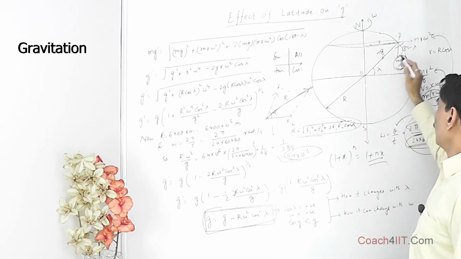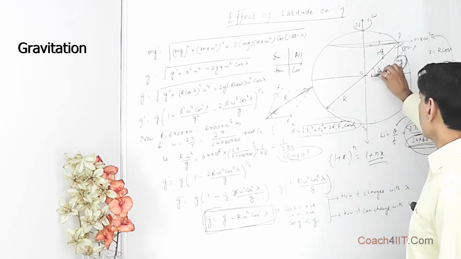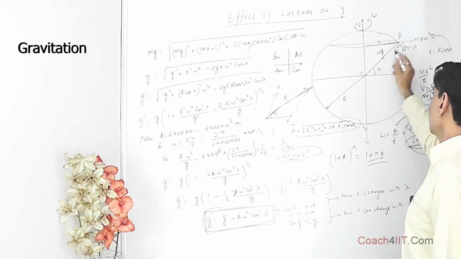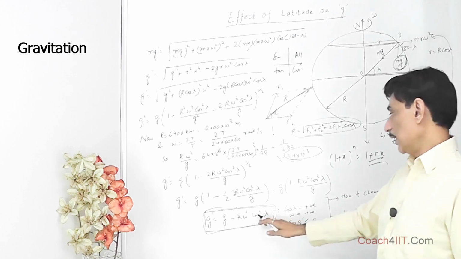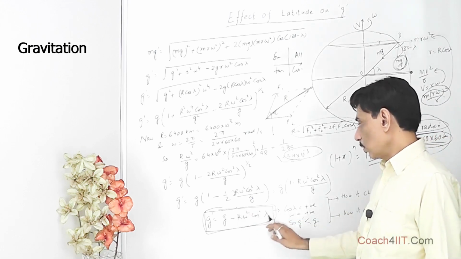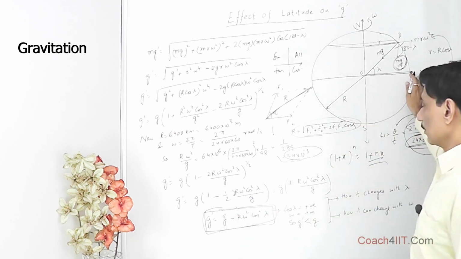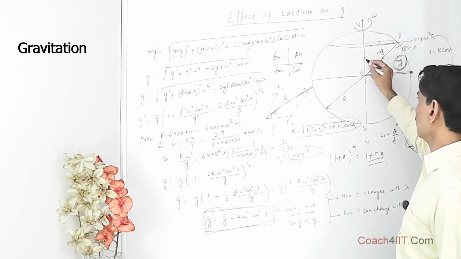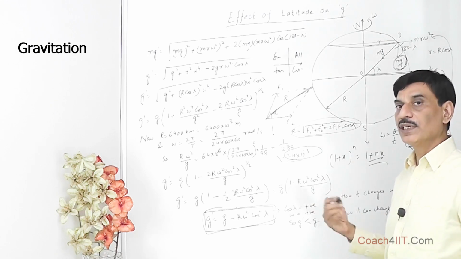Now let's see how this value of g dash changes with latitude. As lambda is increasing from here to here, over here it is 0. If the concerned body is over here, then the angle it is making with the equatorial plane is 0. So cos square lambda is equal to 1, which is a maximum value, so that g dash is the minimum value over here, that is at the equator. As we go from 0 to 90, the cos value decreases.